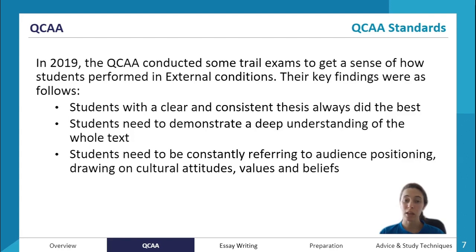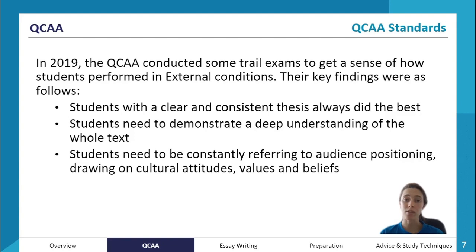Students with a clear and consistent thesis always did the best. Your thesis is the overarching point you're making, that overarching argument that you're then going to work towards showing throughout the rest of your essay. It is the backbone of the essay, so without that in your introduction, you don't really have a clear sense of direction for the rest of what you're writing.